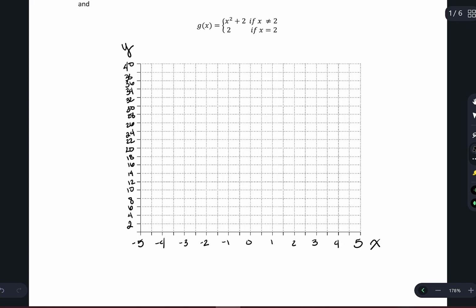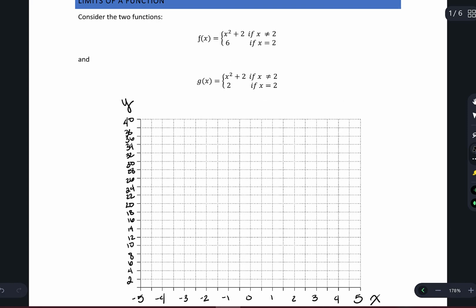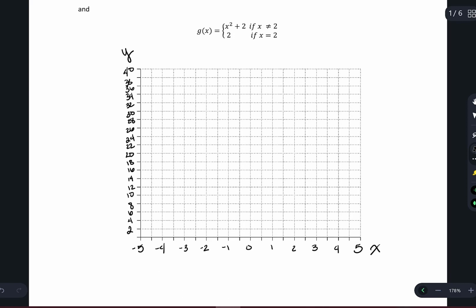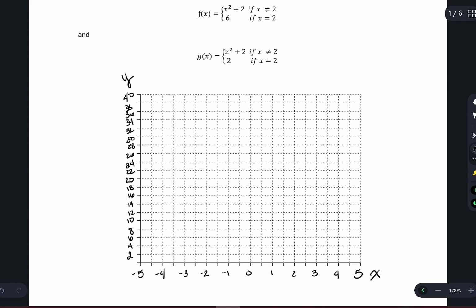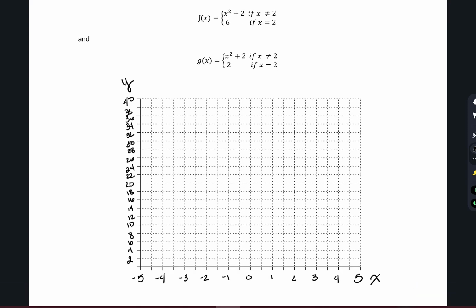Alright, now since the two functions are the same when x is not equal to 2, I'm going to plot a couple of points when x is not equal to 2 to get an idea of what both of these functions look like. Starting when x is equal to 0, we have 0 squared plus 2 for both of the functions.